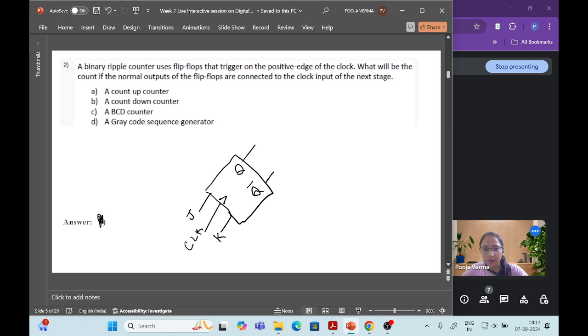They are saying the normal output of the flip-flop is connected to the clock input of the next stage. So let's take two flip-flops. The normal output of the first flip-flop is connected to the clock input of the next stage, which is also a JK flip-flop.